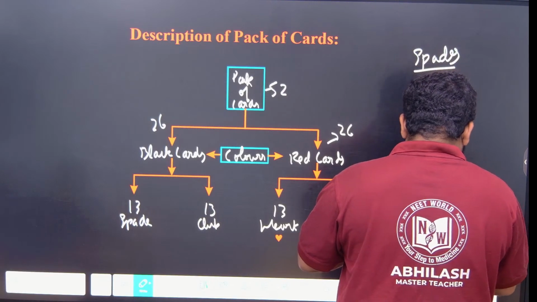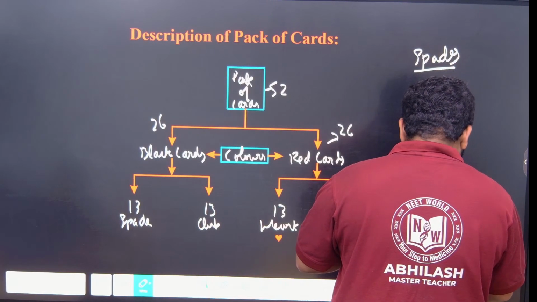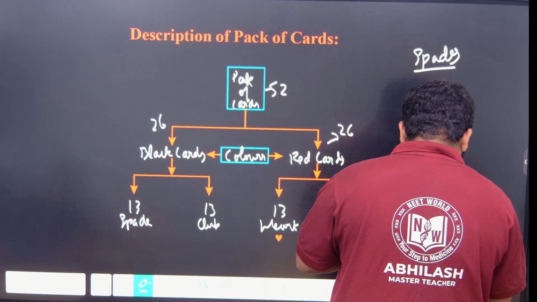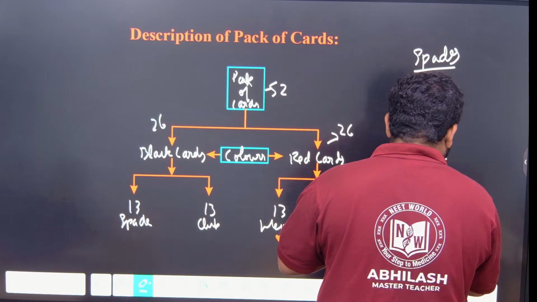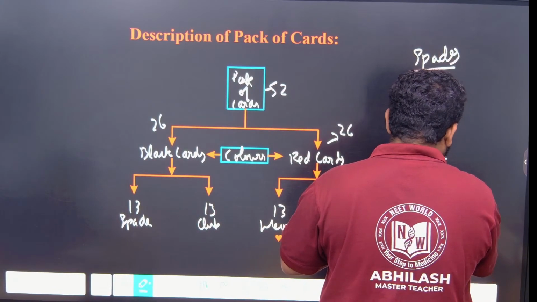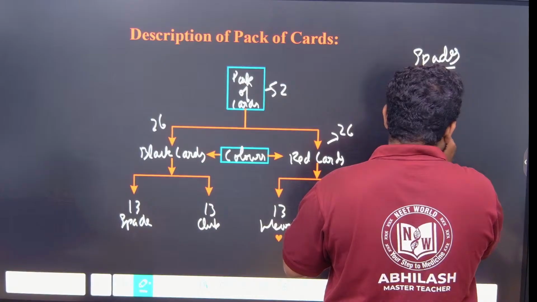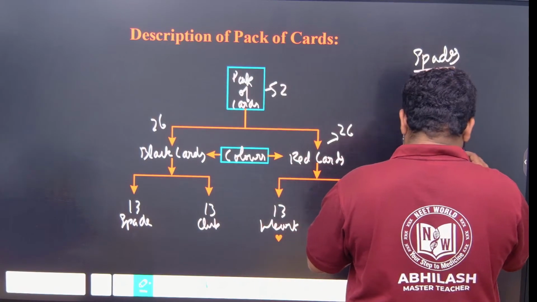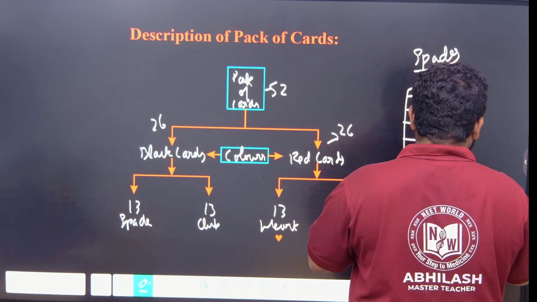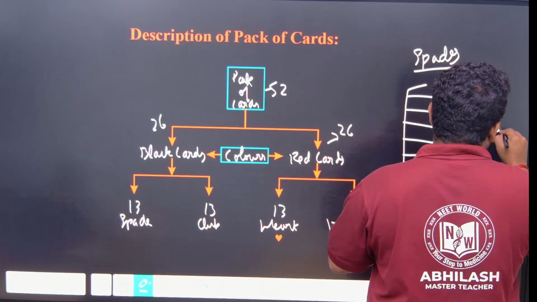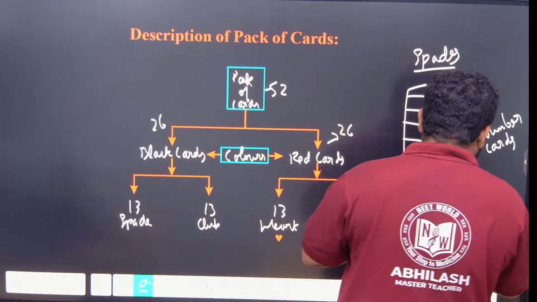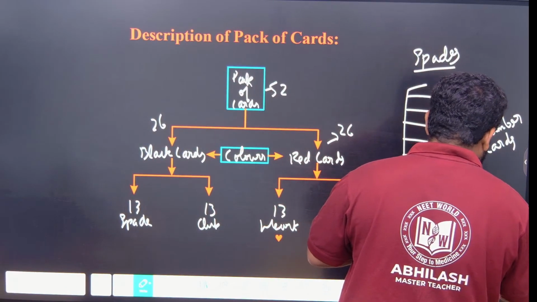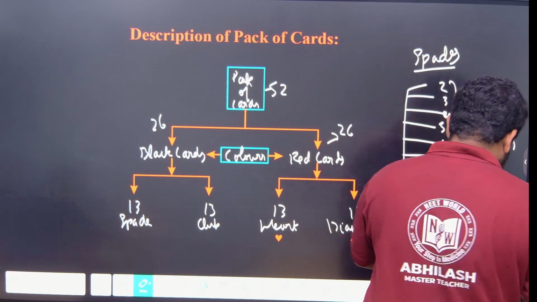These are called number cards. Jack, queen, king and ace are called face cards.